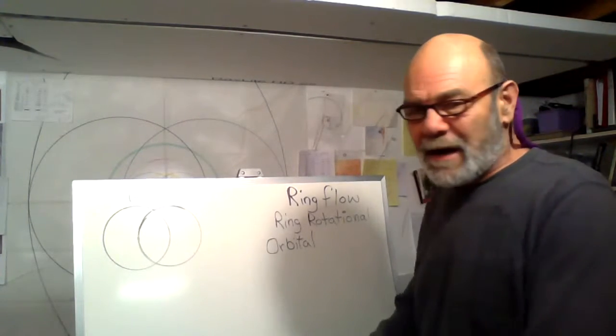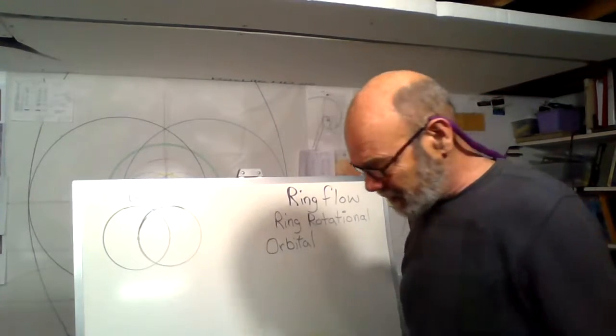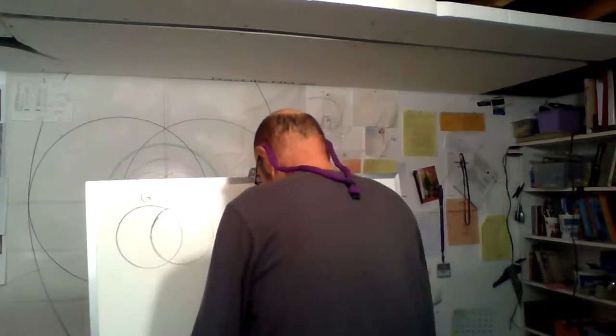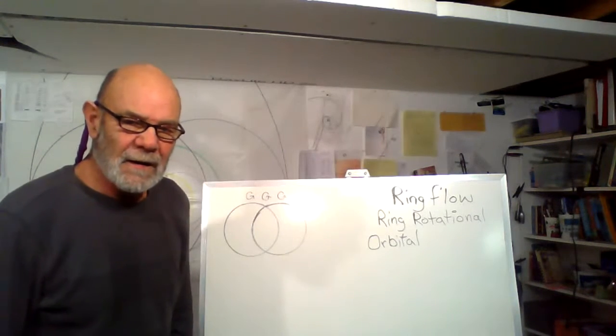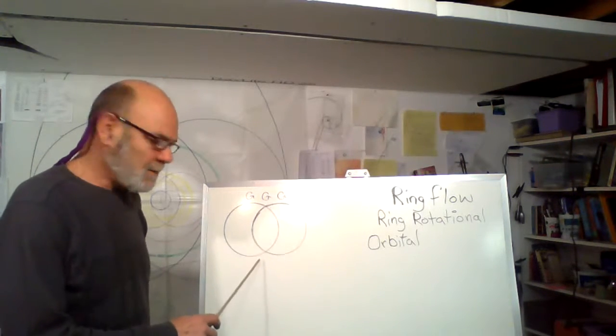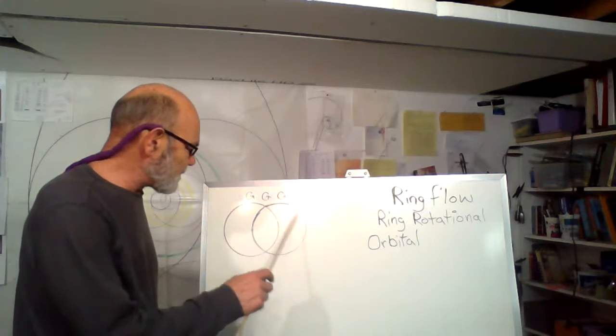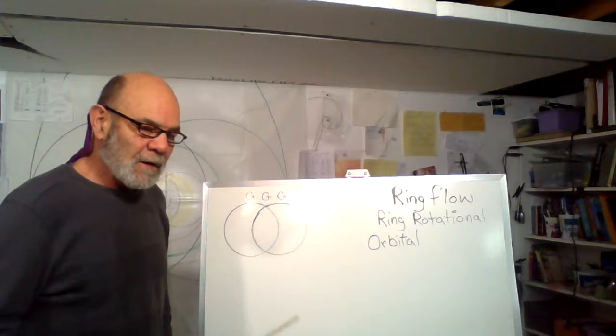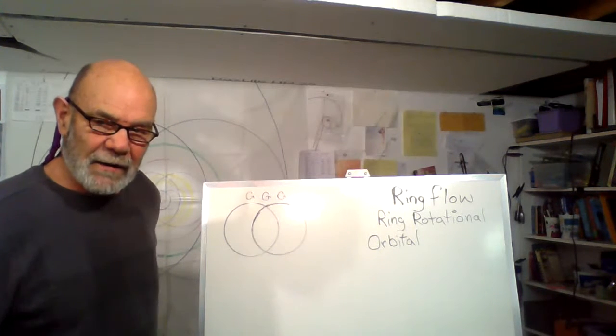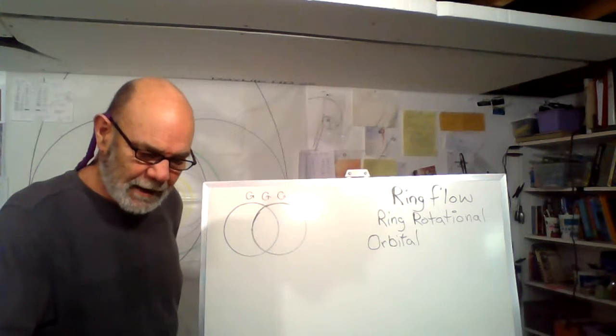Here we have a structure. This is called the vesica piscis. A circle, set the compass, draw another circle, the vesica piscis. Latin, fish bladder. Imagine that. What is a fish bladder?